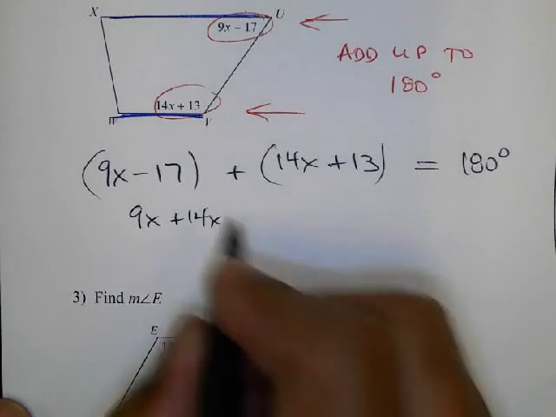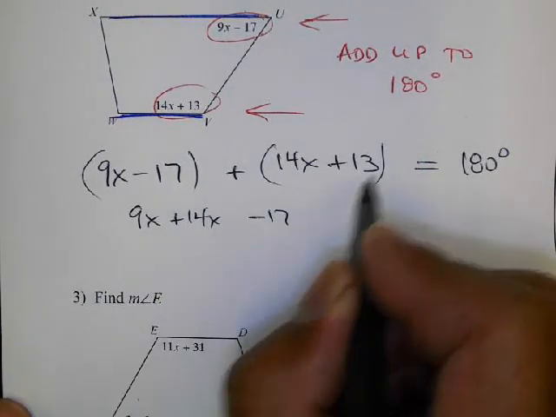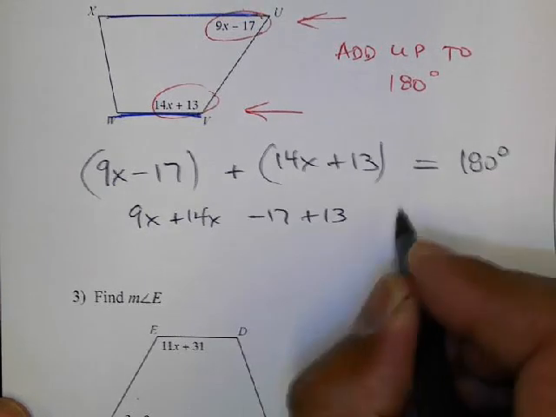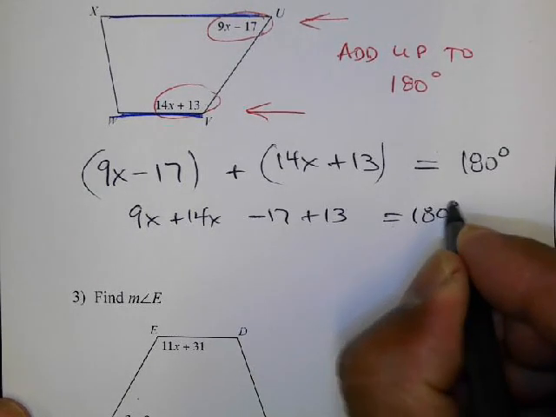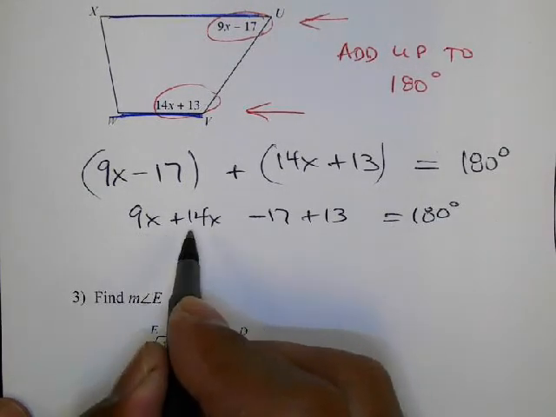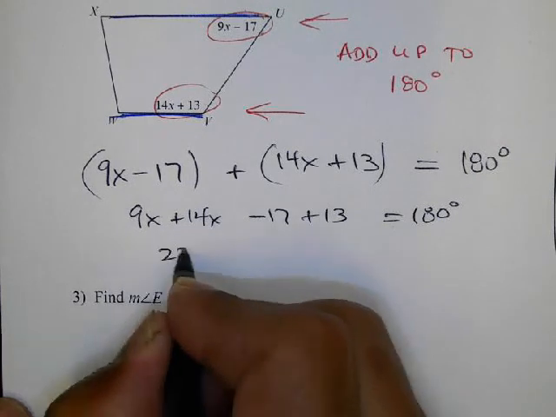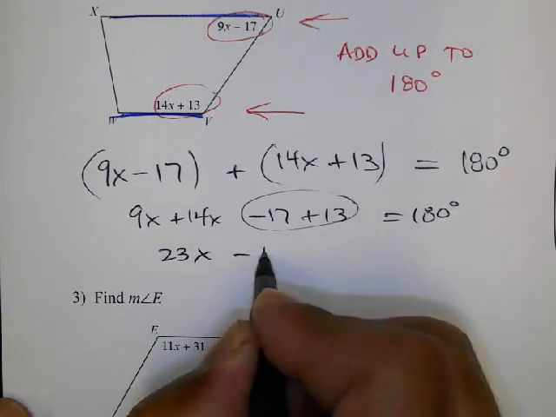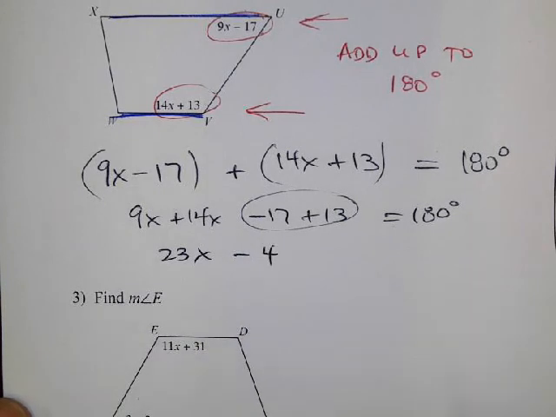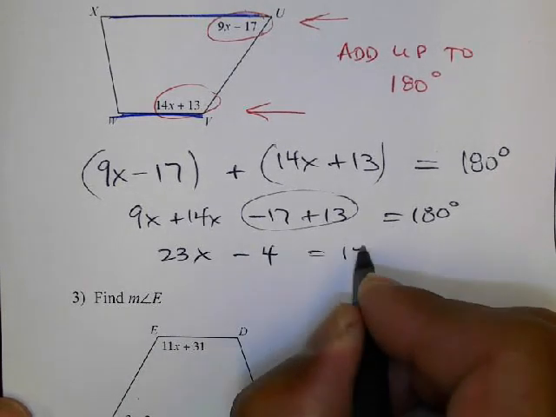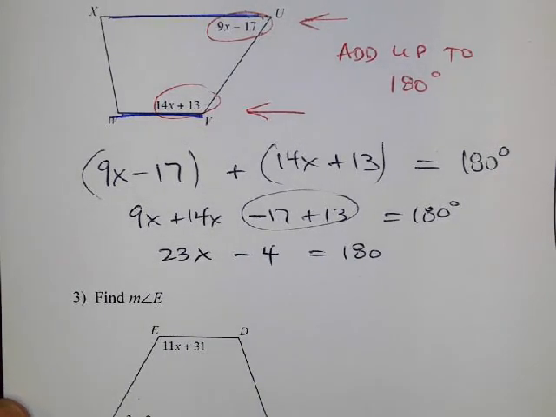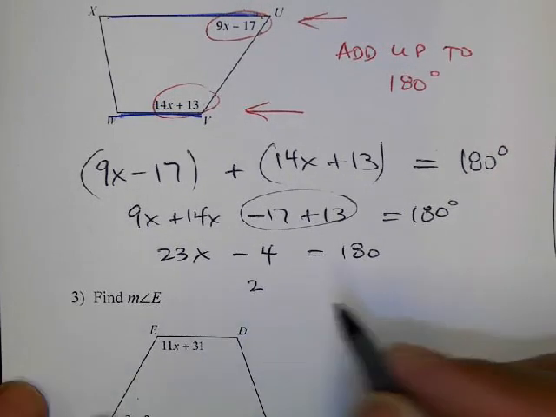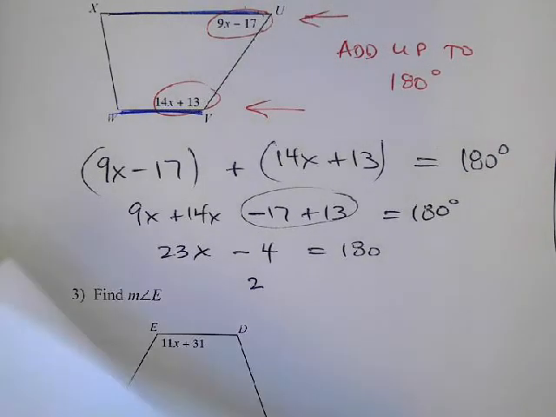That's the understanding. That's pretty much it. Here we combine like terms. The 9x will add up to the 14x. The negative 17 will add up with the 13. And they have to add up to 180. 9x plus 14x is 23x, and this is negative 4, equals 180.